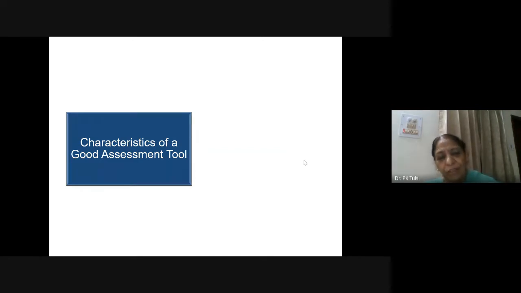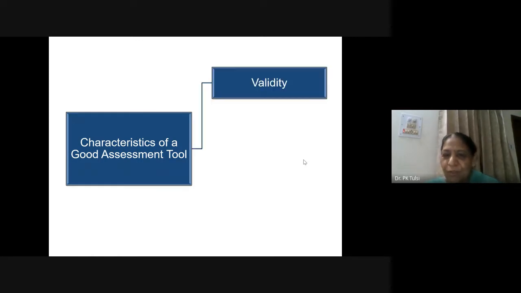Those are common with any good assessment tool also, because any good assessment tool needs to be valid. Now, when I say valid, if I'm talking in terms of a question paper, the first one is adequate coverage of the content matter. 100% of the syllabus which you have covered, if it is an end semester examination, or if it is a mid semester, then probably 50% of the syllabus which you have covered needs to be included in the question paper.